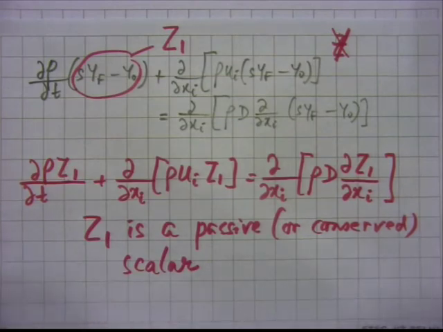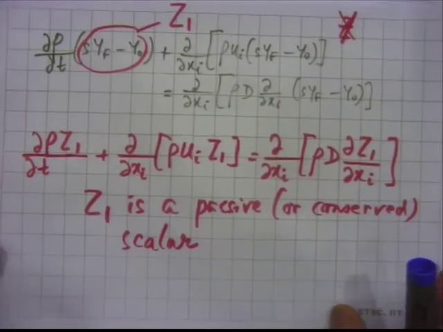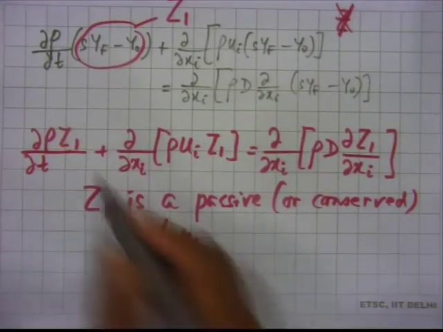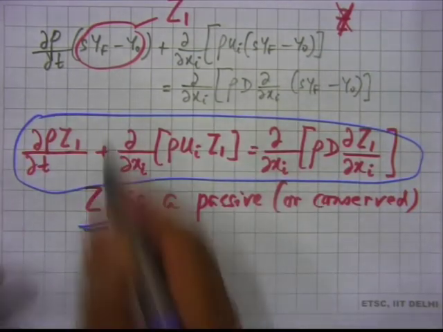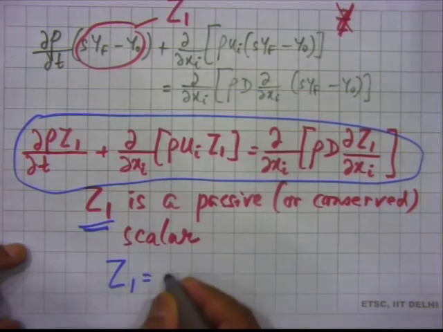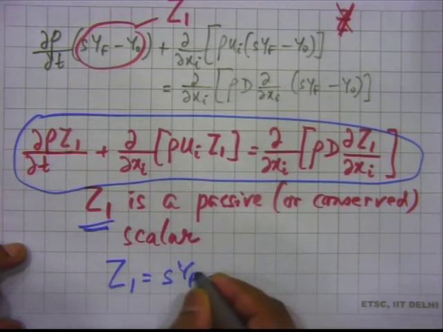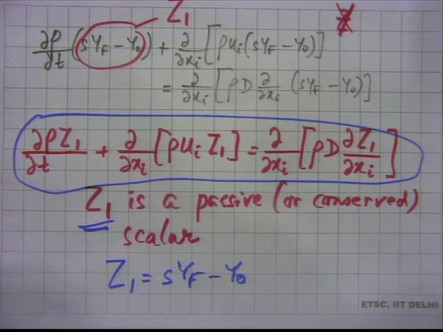Okay, so the question here is what is the meaning of passive scalar? Yeah, so this equation is fine for that. Here we have this Z1, and what is Z1? Z1 is S YF minus Y oxidizer. So why is it passive? It is passive because unlike YF or YO, the Z1 equation doesn't have a source term, doesn't have a source or sink.